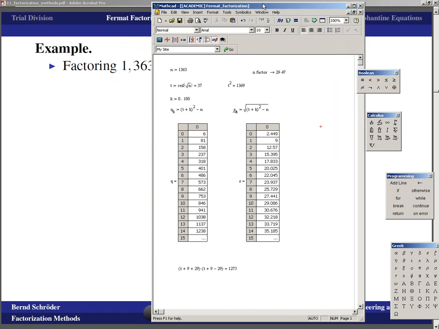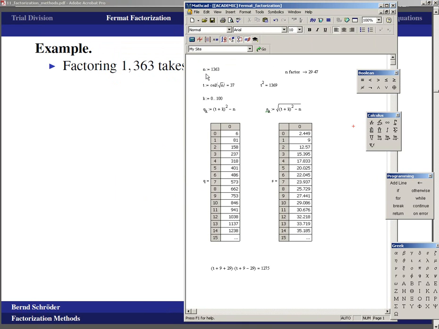Well, I've implemented it in MathCAD, and so if I take 1363, and if I then take t to be the first integer that is above the square root of n, well, then I can compute t squared, and I can compute the numbers q_k being (t plus k) squared minus n, and I can compute the square roots, and whenever the square root is an integer, I know I've found a perfect square here. And if we're starting with 1363, in the first step I end up with a perfect square.